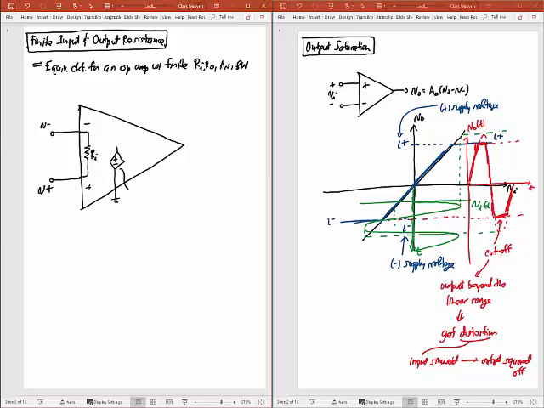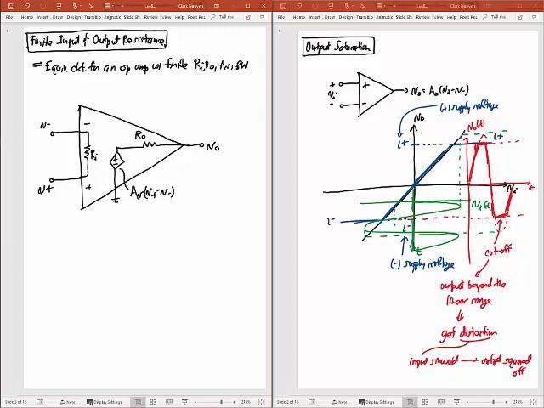I don't know why I can't write an A correctly, but we'll get there eventually. Okay, so A sub V times V plus minus V minus, that's still going to be what that controlled source gives, except now instead of going straight to the output, it's going through some resistance. So you have some finite output resistance along with this.